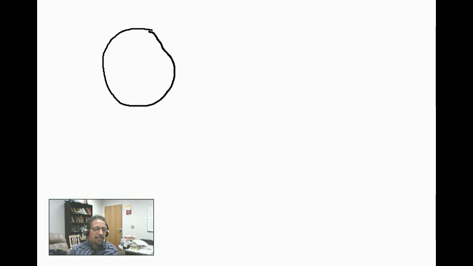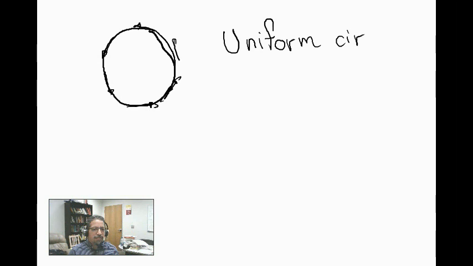And in this circle, we're going to be traveling at constant speed. So I'm drawing vectors of velocity. The interesting part about this system is that it is uniform circular motion.